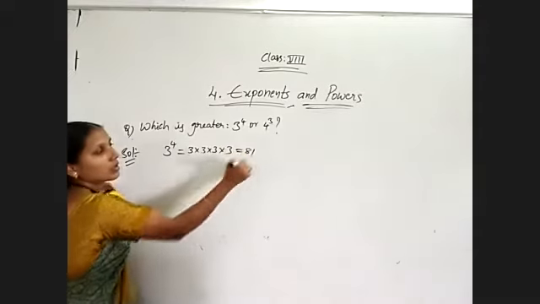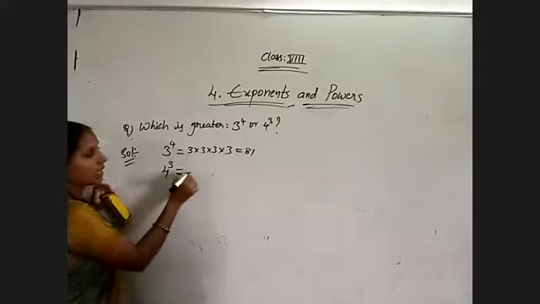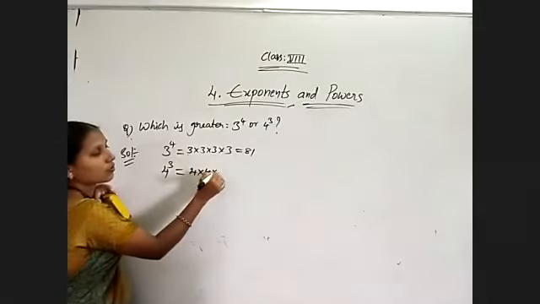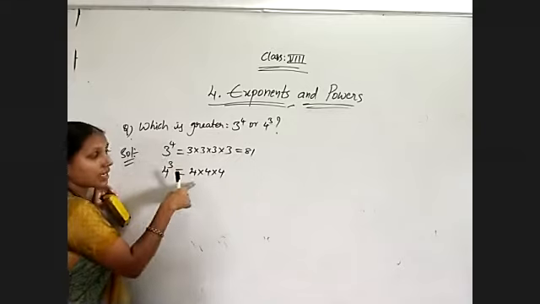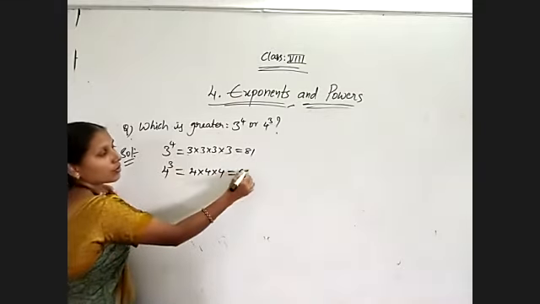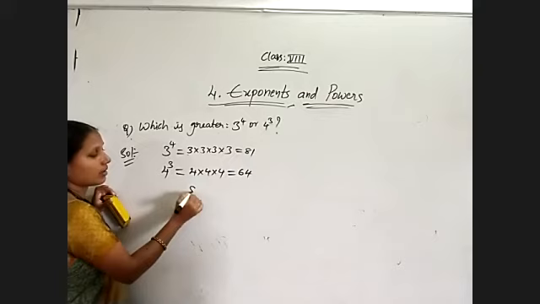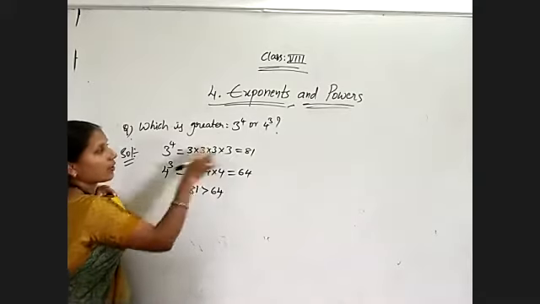So what is the 3 power 4 value? 81. And 4 cube: 4 multiplied 3 times. 4 into 4 into 4. 3 multiplied 4 times, 4 multiplied 3 times. 4 4s are 16. 16 4s are 64. Now which one is greater? 81 is greater than 64. Therefore, 81 is the value of 3 power 4.